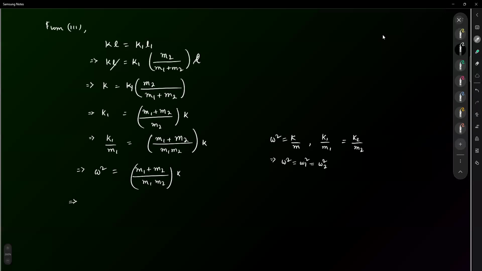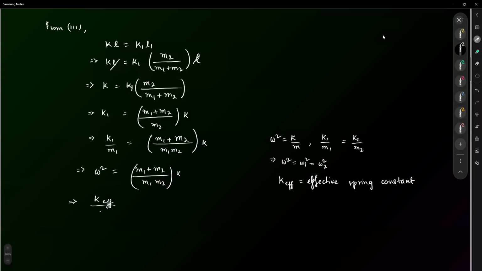Now, can I write omega square as K effective, the equivalent spring constant, divided by the total mass?